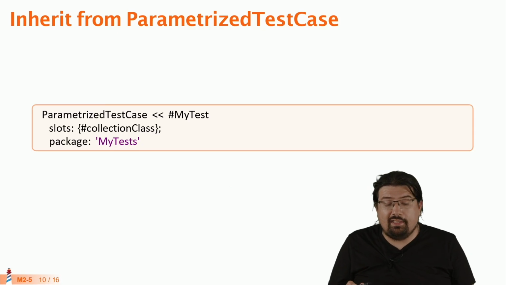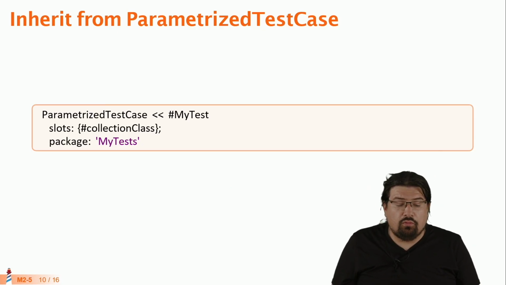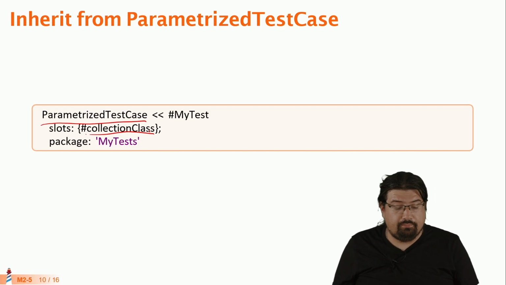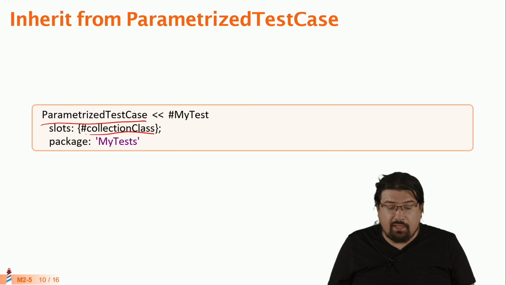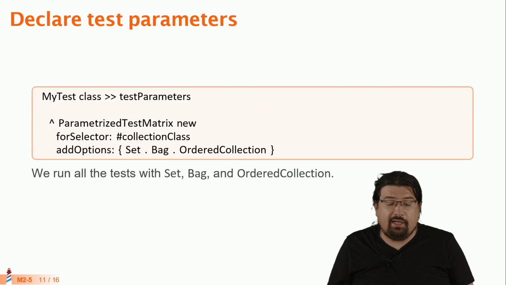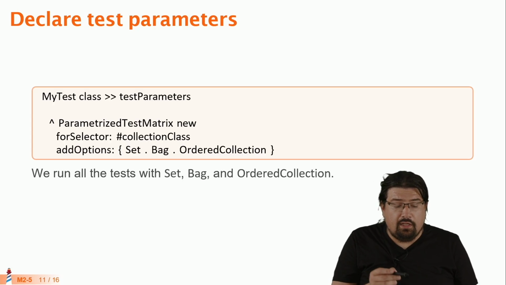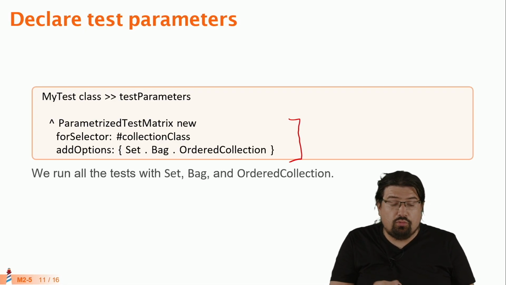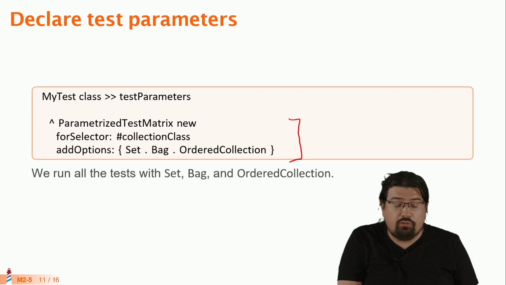So we do exactly the same. We have to extend from ParametrizedTestCase and add the instance variable collectionClass. Up to here is normal development as we were doing before, and the idea now is that we are going to provide the test parameters with different cases. In this case, we are going to say a little more complex but more flexible message, testMatrix.